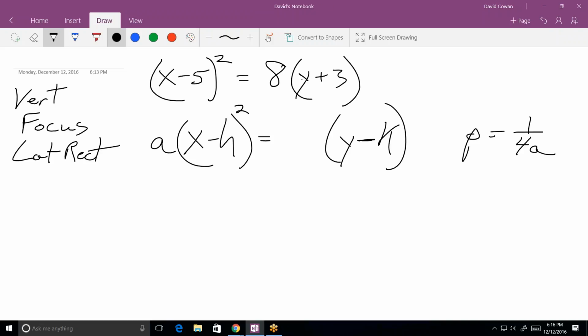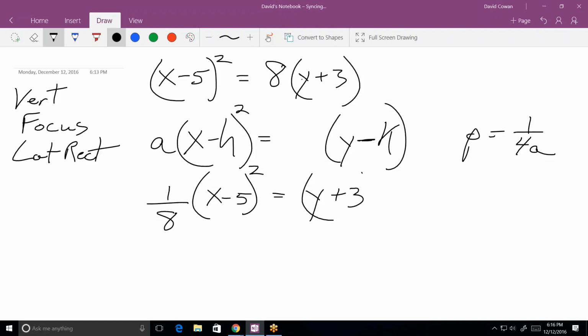So first, let's move this 8 over to the left side. With the specifics you've given me, I can plug in this information. Now, that tells me the vertex. Where's the vertex? 5 comma negative 3.